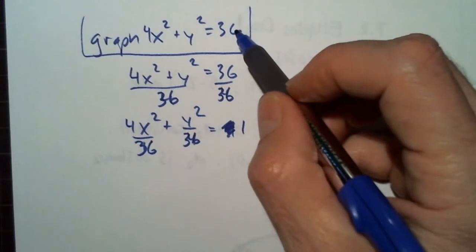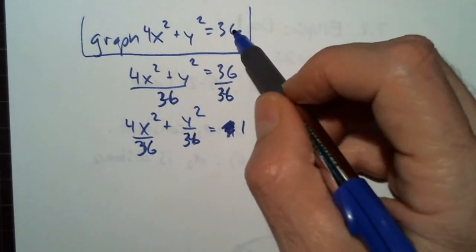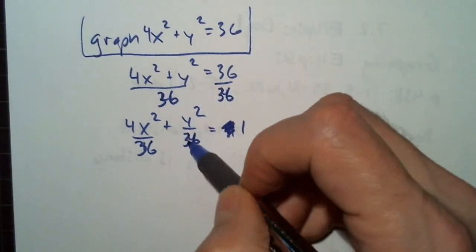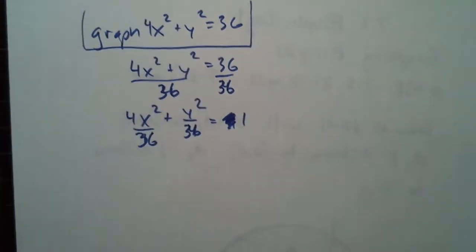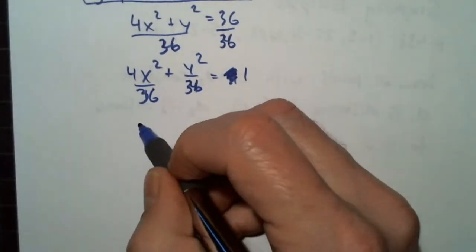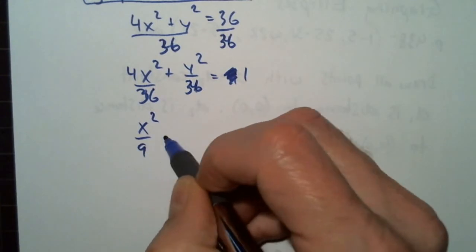Alright, so we need to have a 1 there, and we're going to divide by 36. So it's over 36. We have 4 over 36, and we'll reduce that to 9.